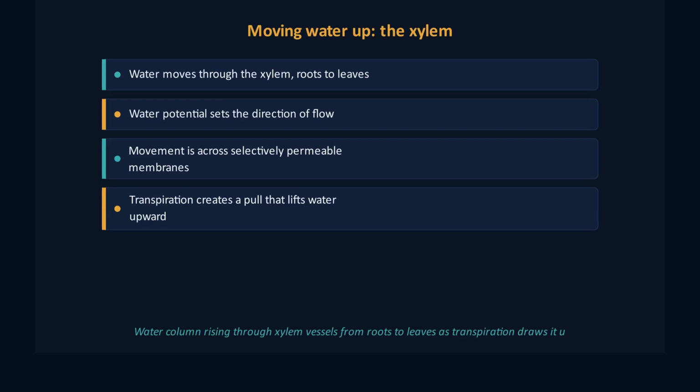The second is transpiration, the loss of water from the leaves. Transpiration creates a pull, and that pull draws water upward through the xylem, lifting the whole column from root to leaf. So the plant raises water not by pushing from below, but by pulling from above. It is an elegant, quiet kind of engineering.